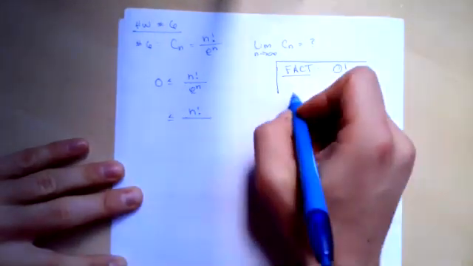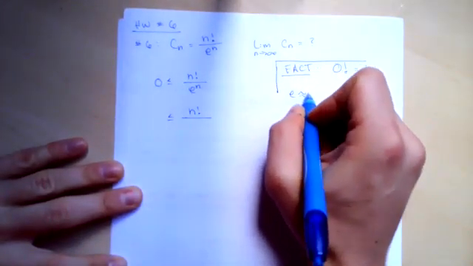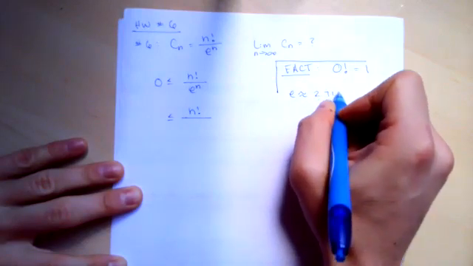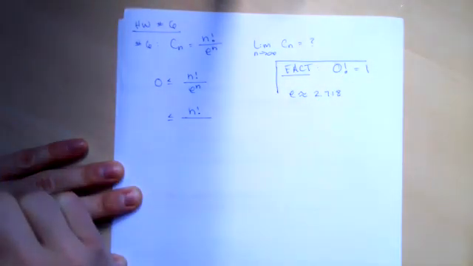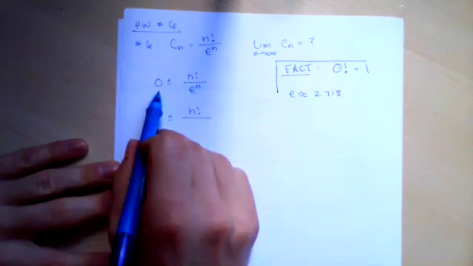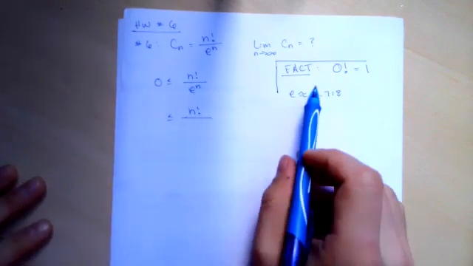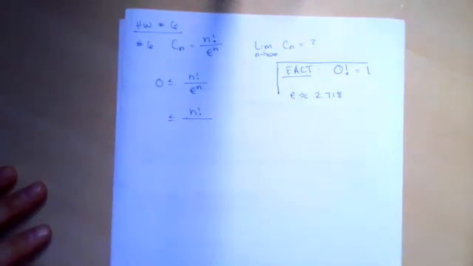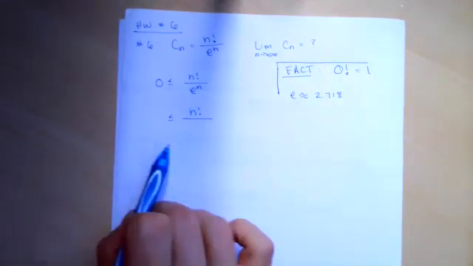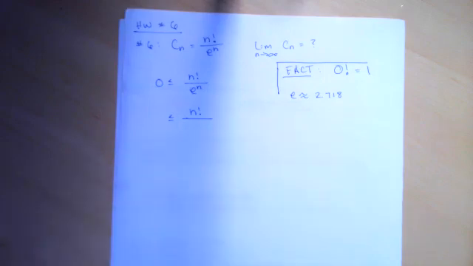So e is about 2.718. Let's replace e with integers. We'll replace it with 3 above and 2 below because those are nicer to work with. And that'll just give us a sense of how to work with this and do our comparison.